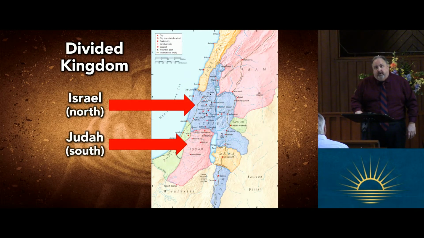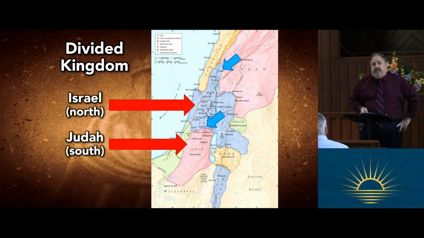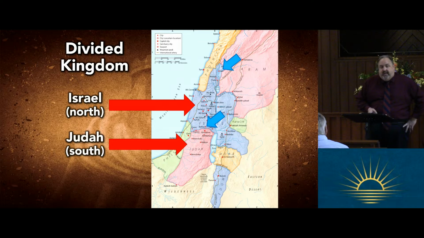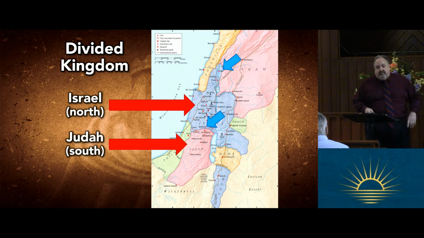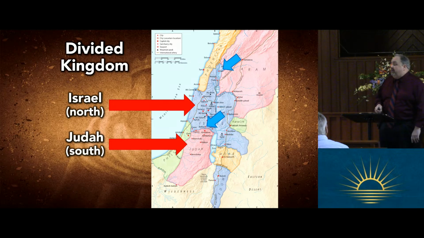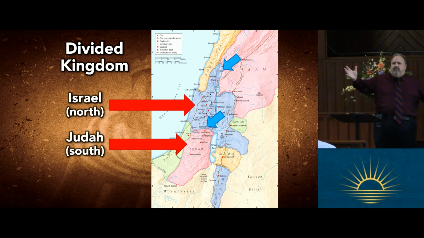But it's not real pertinent to what we're going to be looking at this morning. So here is the divided kingdom. And something that you hear a lot in the text is references to Dan and Beersheba. And we even saw it earlier in 1 Samuel 3. We saw it last week when it was talking about the fame of Samuel, how everybody knew about Samuel from Dan to Beersheba.